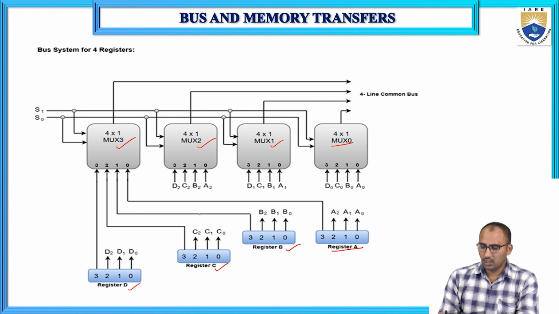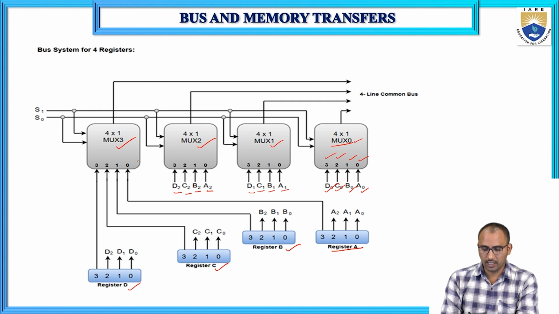For multiplexer 0, the inputs are A0, B0, C0, D0. Similarly, for multiplexer 1, the inputs are A1, B1, C1, D1. For multiplexer 2, the inputs are A2, B2, C2, D2.